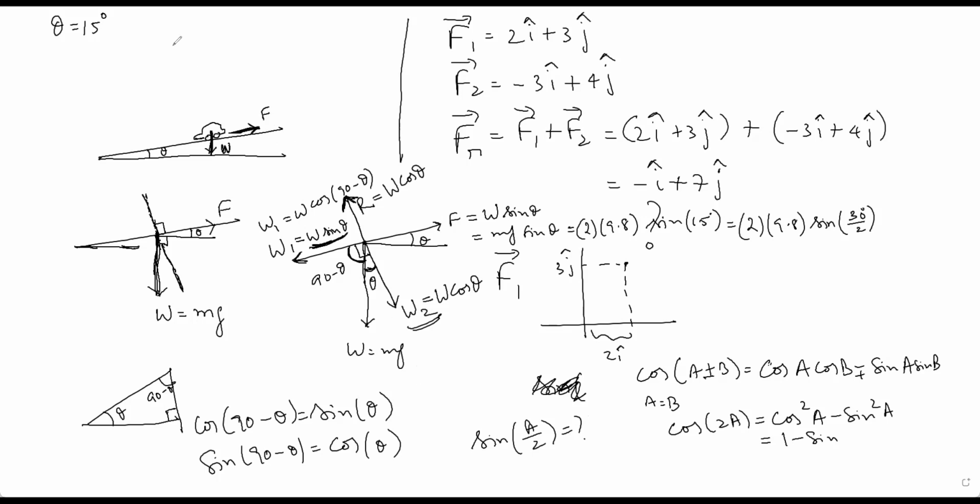So even if you take the same formula, let me write it on the top. We have cos A minus B, right? If I put B as A by 2, then this will go to cos A by 2, right?